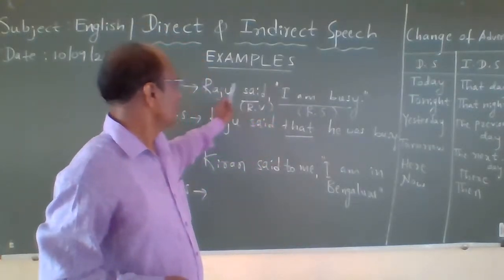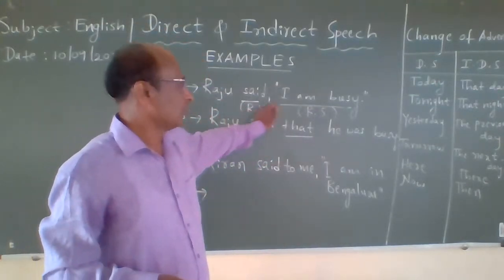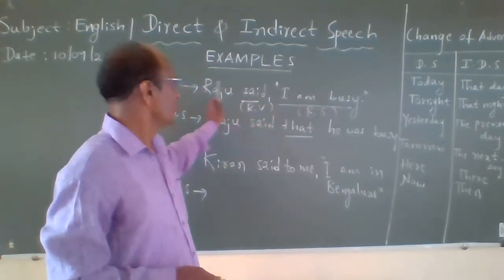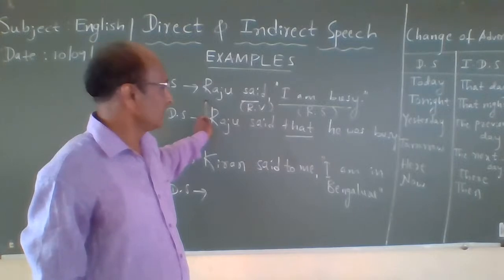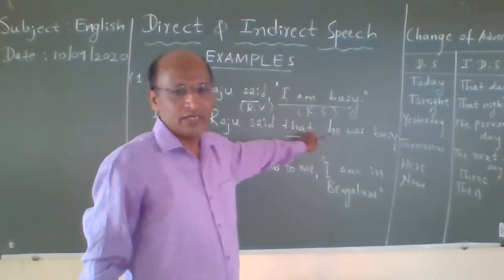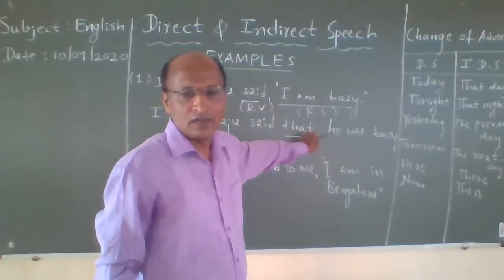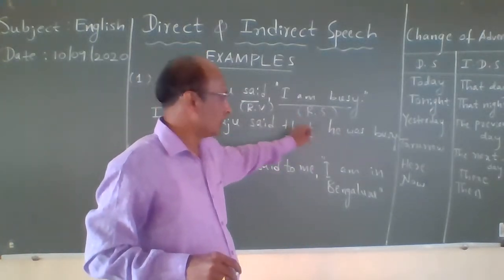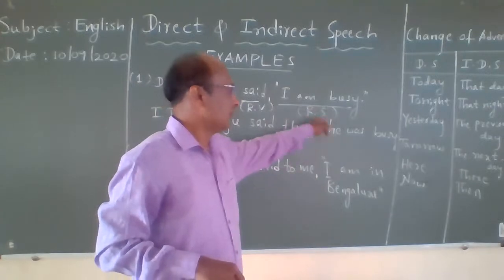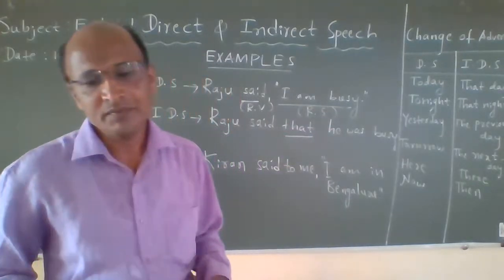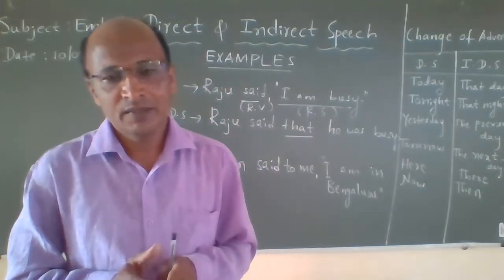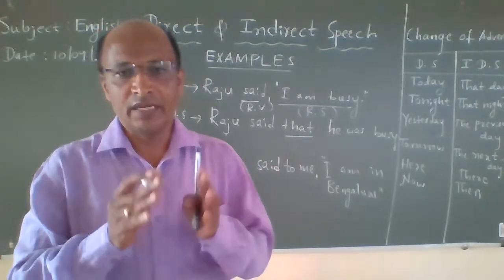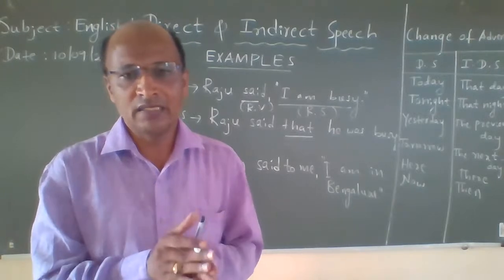Here, I refers to Raju. Instead of I we take he, and instead of am we take was, then busy. Raju said, I am busy. The indirect speech of this is, Raju said that he was busy.